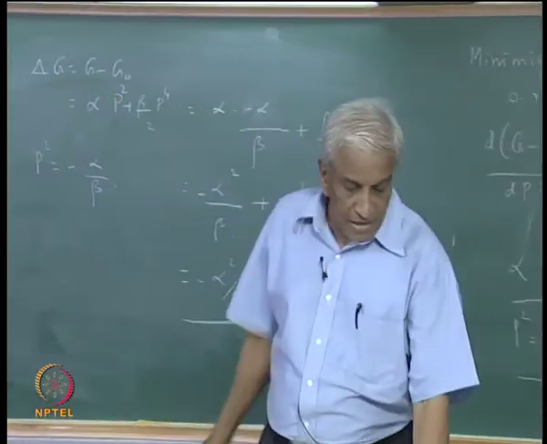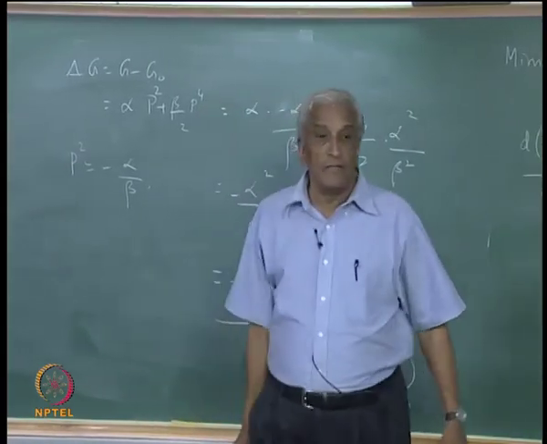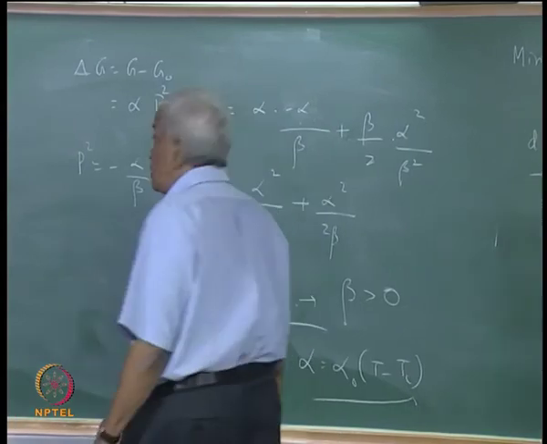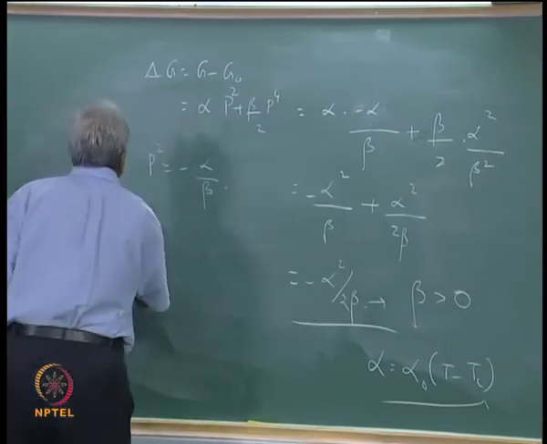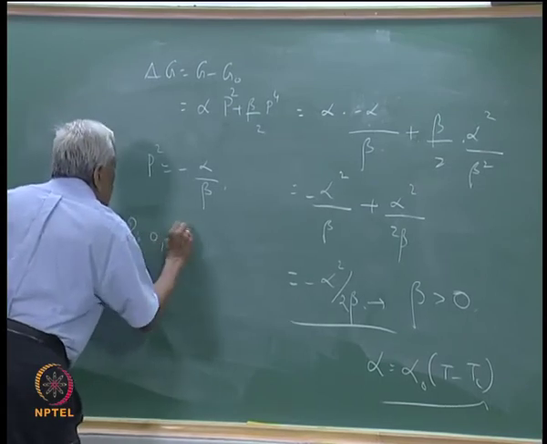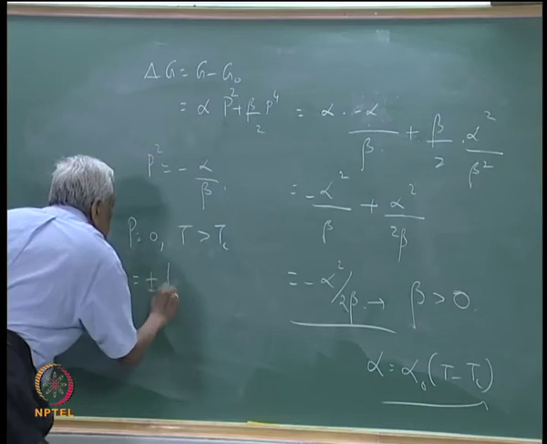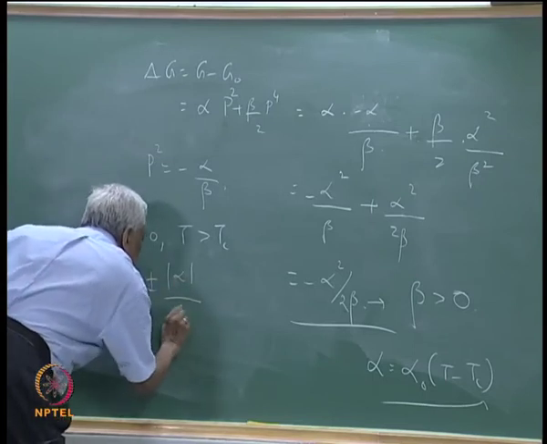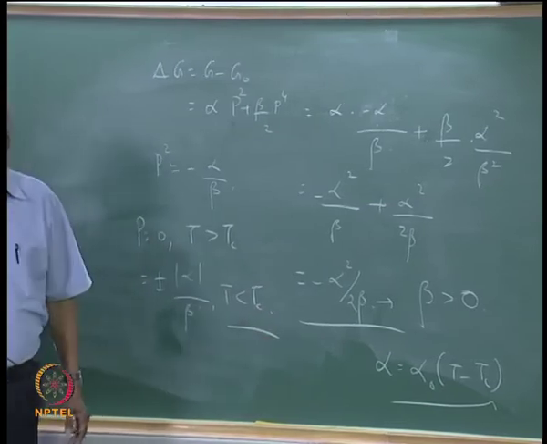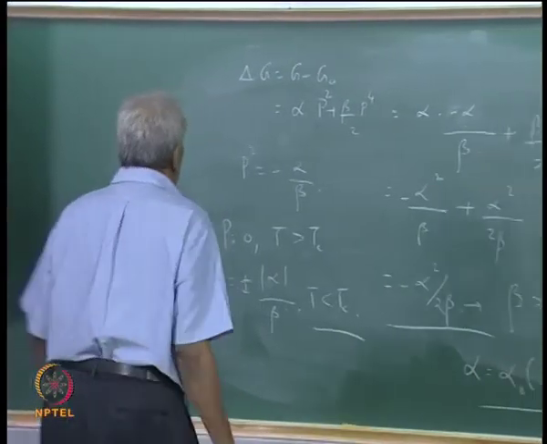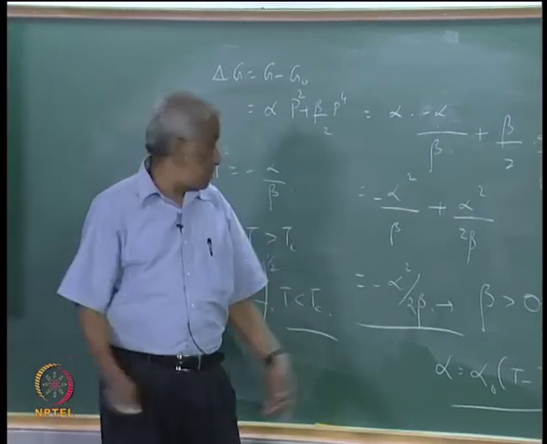So, the simplest analytical form is this, and therefore we have P equal to 0 for T equal to T c and P equal to 0 for T greater than T c and equal to plus minus mod alpha by beta to the power half for T less than T c, taking the square root for P square.